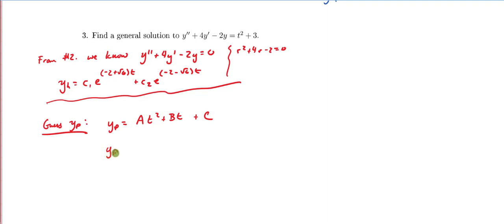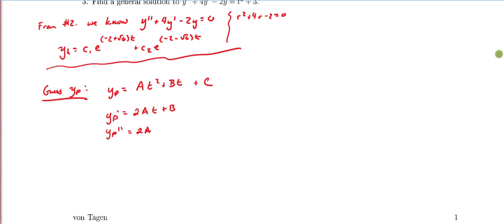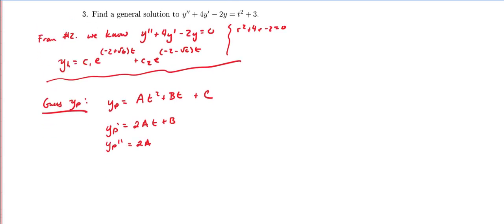Just like we did before, we'll take two successive derivatives of this. Here we'd have 2at plus b, and taking the second derivative, we would get 2a. And now what I'm going to do is plug those guess terms into the original non-homogeneous equation.